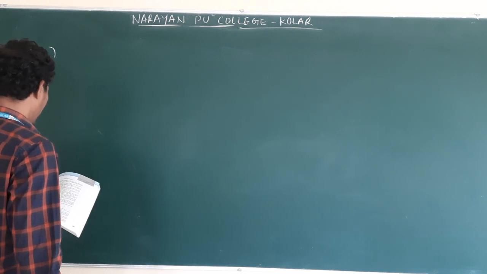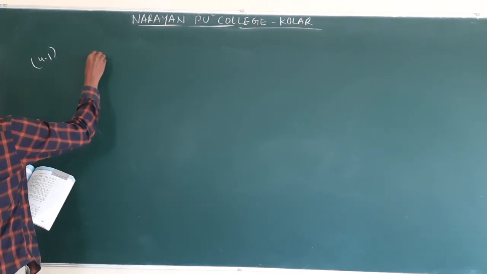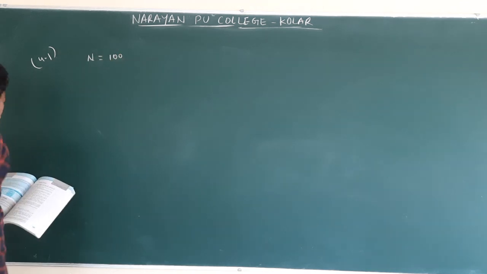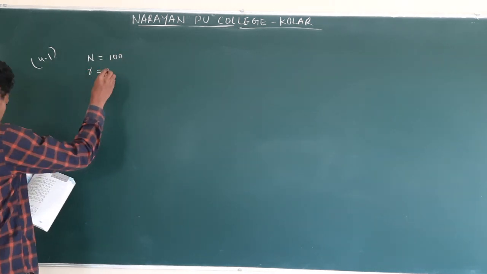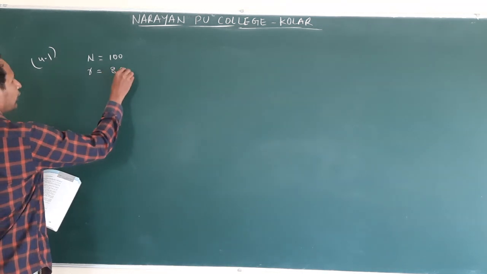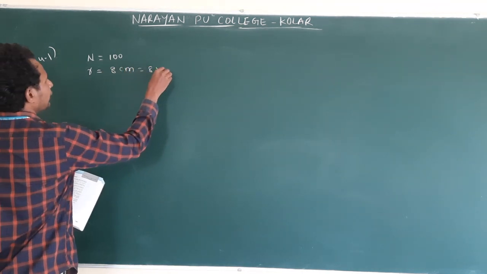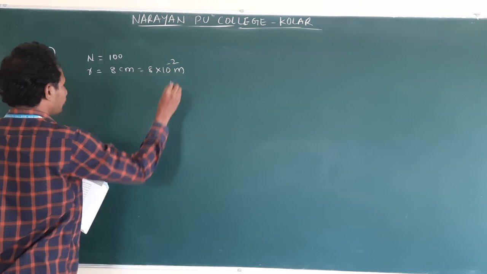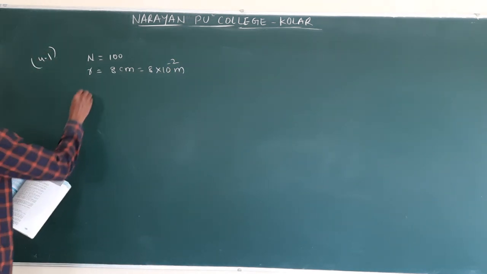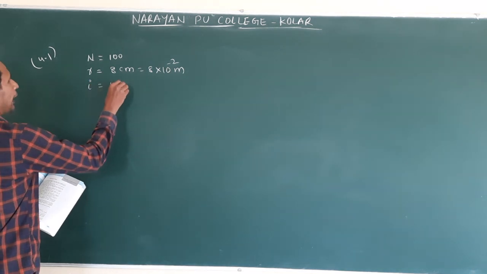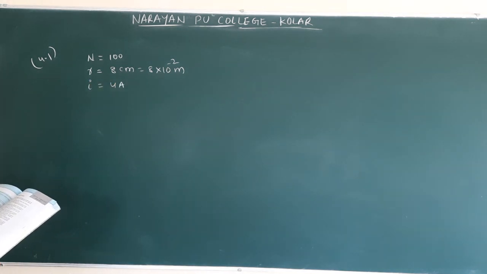Coil consisting of how many turns? Capital N is equal to 100 turns, and each of radius r is equal to 8 cm. Convert this into meters, 8 into 10 power minus 2 meter, and carries current I, that is 4 ampere. What is the magnitude of magnetic field B at the center?